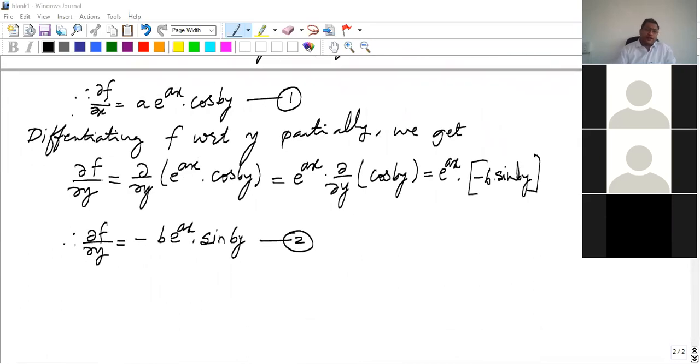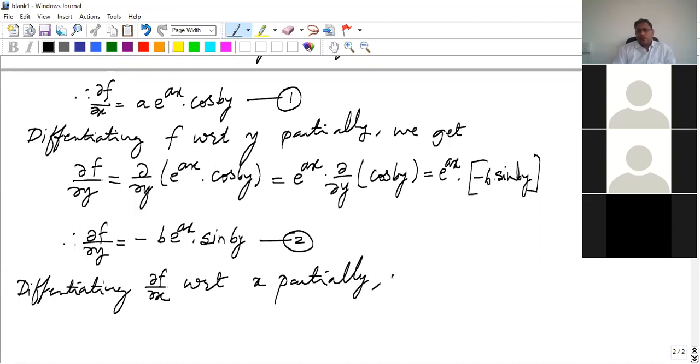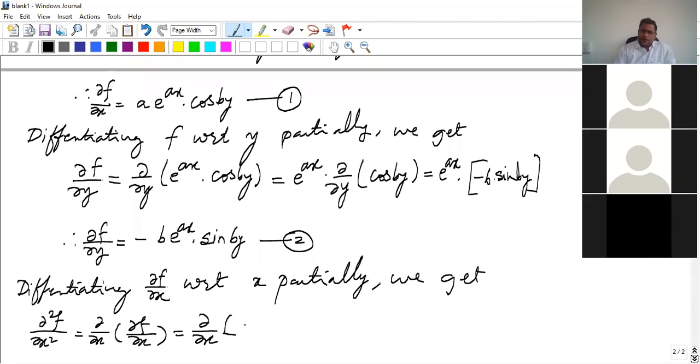So we write here, differentiating ∂f/∂x with respect to x partially, we get ∂²f/∂x², which is actually ∂/∂x of ∂f/∂x, and this is ∂/∂x of a e^(ax) cos(by).